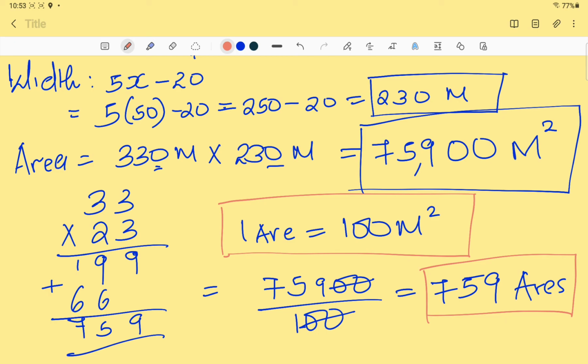Those are all the units that you need to understand, and you need to remember them if you are sitting for KCPE or any other examination in mathematics.